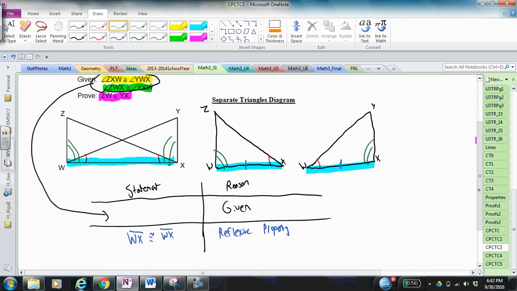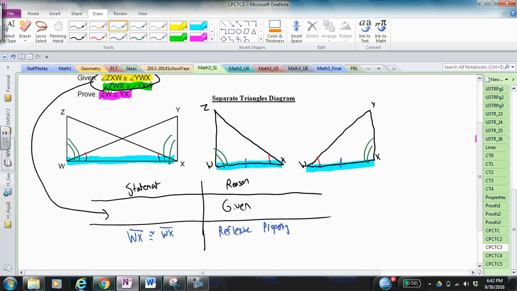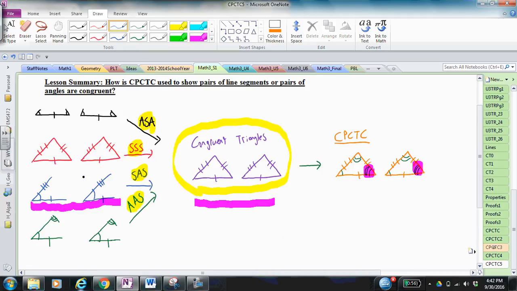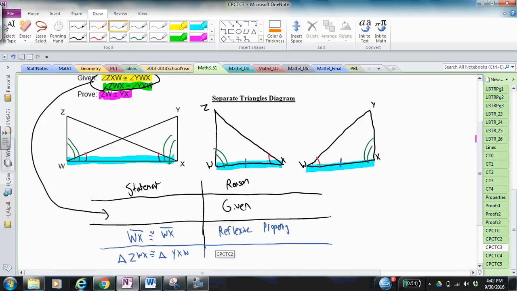And then next step, based on that, I can say that triangle ZWX is congruent to triangle YXW by, what have we shown there? Which of the four options? Angle, side, angle.